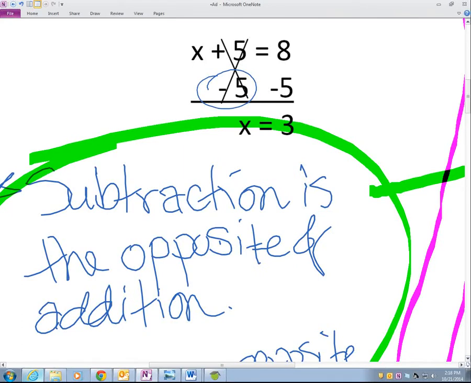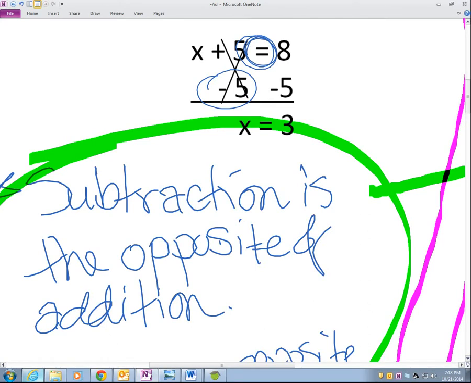Now, by the subtraction property of equality, we have to make sure that this equal sign stays the same. We can't make it unequal. In mathematics, things don't just happen for no reason. Or for better English, there has to be a reason for stuff to happen.